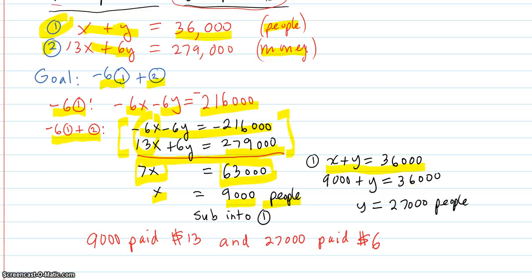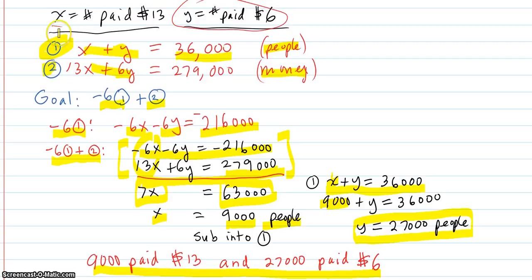So we sub the 9,000 people right in there for x. And so 9,000 plus y is 36,000. Subtract 9,000 from both sides, and y ends up being 27,000 people. But we're not done. You always have to write the answer in terms of the story. If you forget, you go back to your definitions of what x was and what y was.